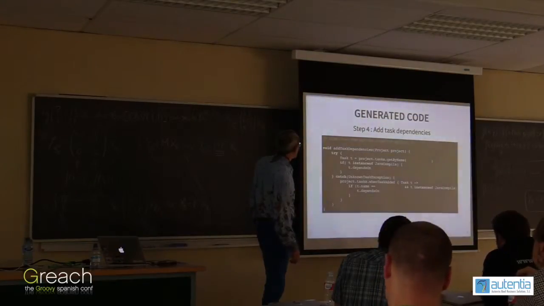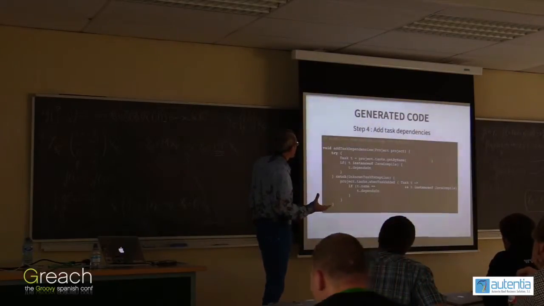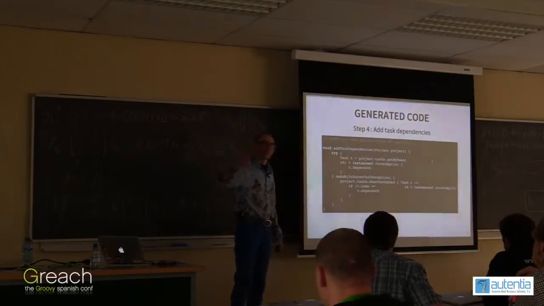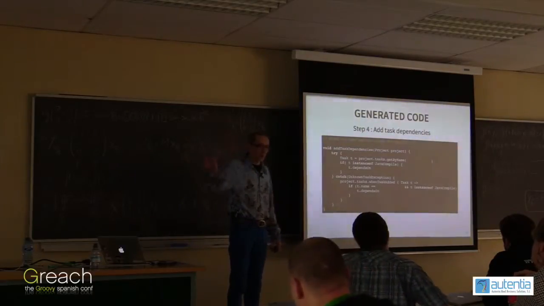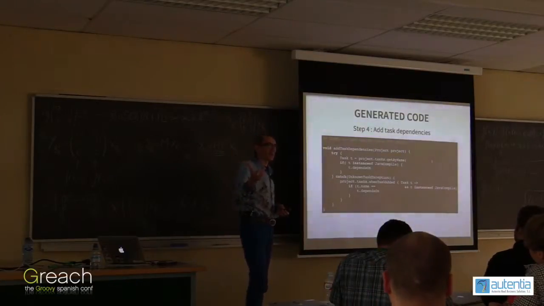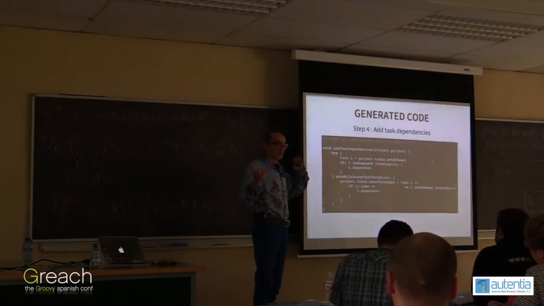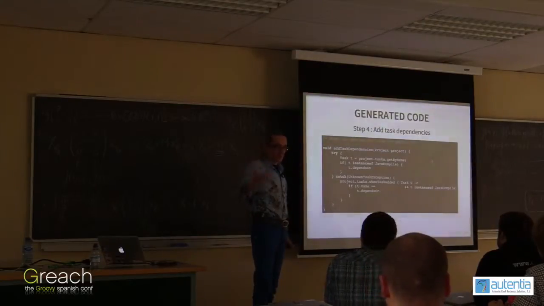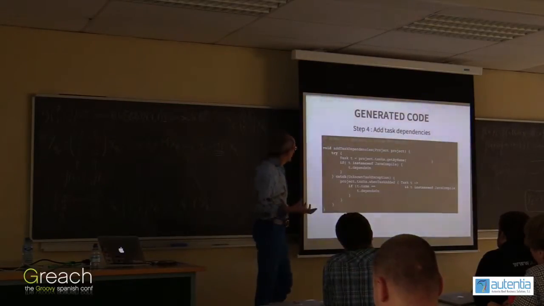Okay, so the next thing is to actually add dependencies. So my generated task and my compile task are two separate ones. So what I want to do is to have the compile task linked. So if something changes in the generator, I still want to recompile, otherwise I wouldn't know about it.